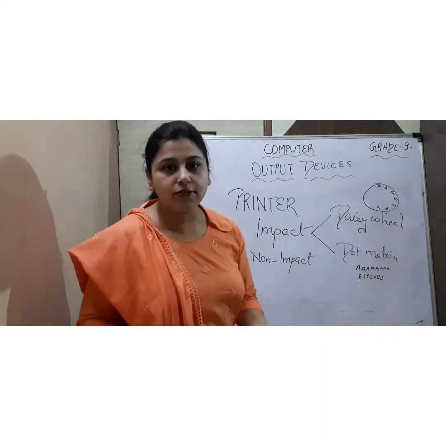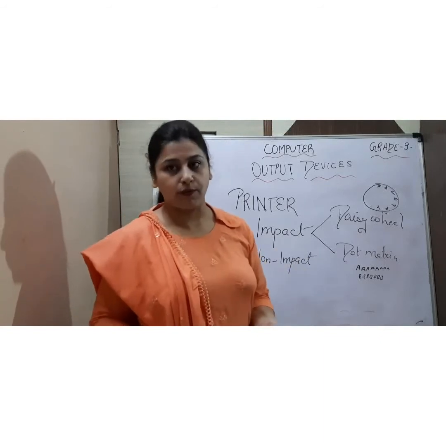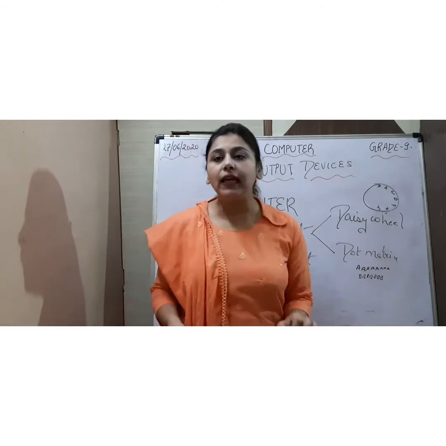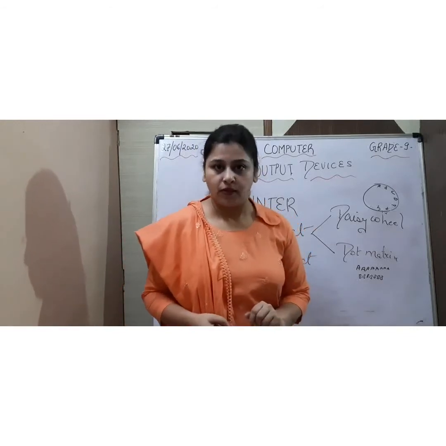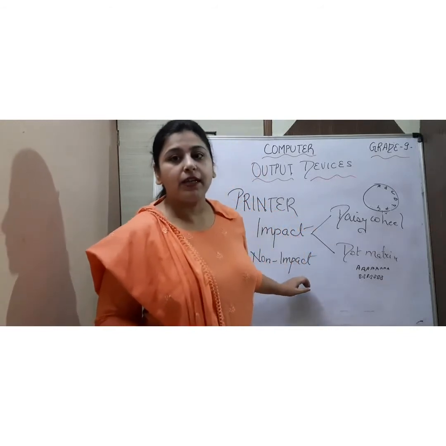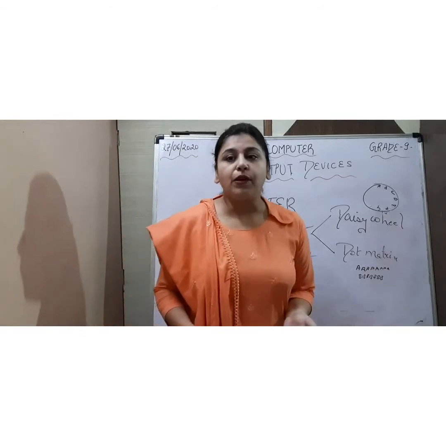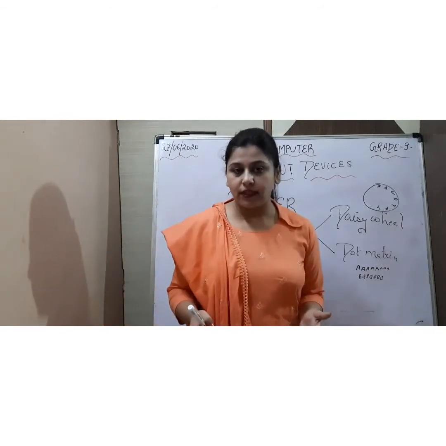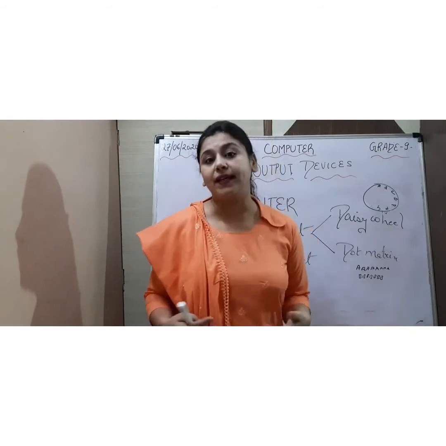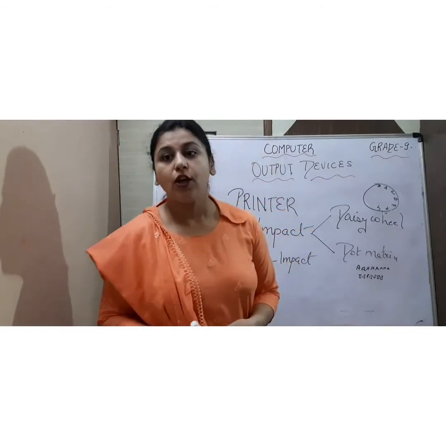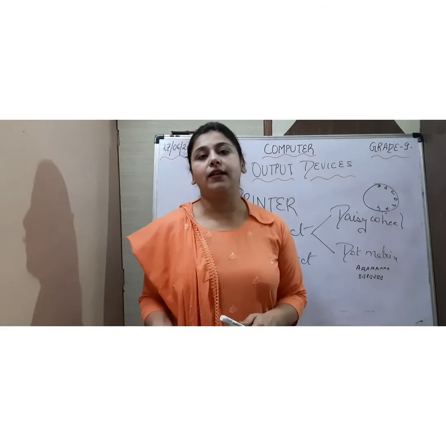So if they will not strike, they will not produce a sound. And in this, only the ink touches the paper. Okay, so the non-impact printers have gained popularity because they are quieter than impact printers and have better quality. Okay, and they can even produce colored graphics.